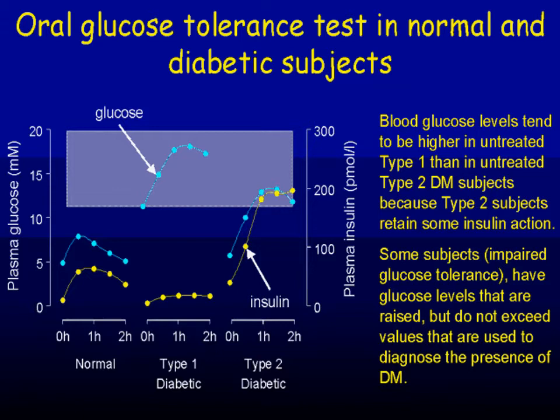So blood glucose levels in type 1 tend to be higher than type 2 diabetes mellitus because in type 2 diabetes the pancreas still secretes insulin, but it's insufficient to keep the blood glucose level in the normal range.